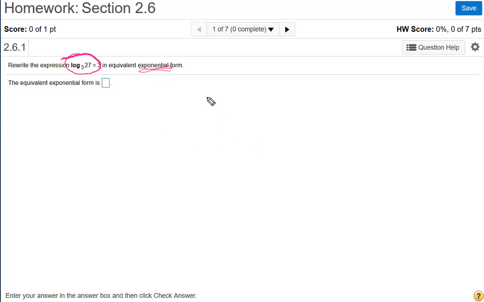So the 3 steps involve, number 1, what's the base? Well, the base is the number at the bottom of the log. So that would be a 3. Step 2 says that a logarithm is an exponent.